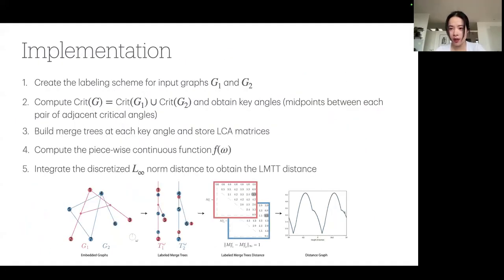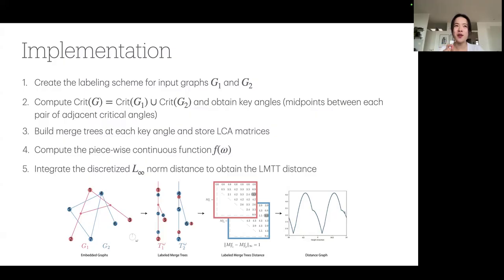So here, let's summarize the steps of the distance construction, as well as the steps that we follow to implement it. Given two graphs, G1 and G2, we first create their labeling schemes just by generating labels for all extremal vertices. We then compute a set of critical angles, which is the union of the angles that are normal vectors to all the edge sets of the two graphs.